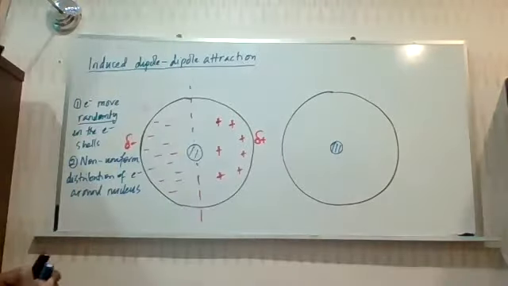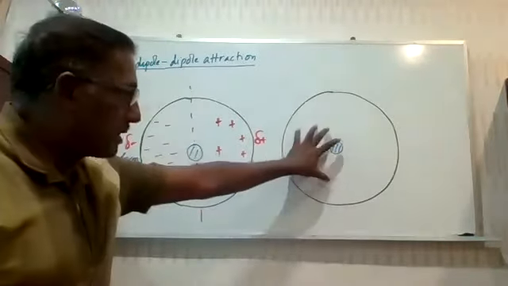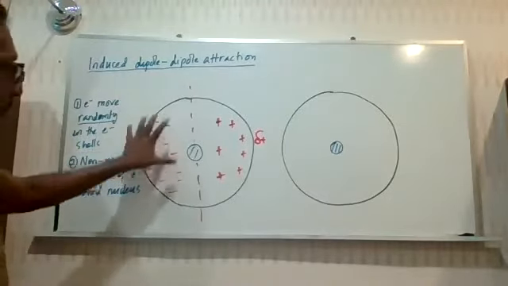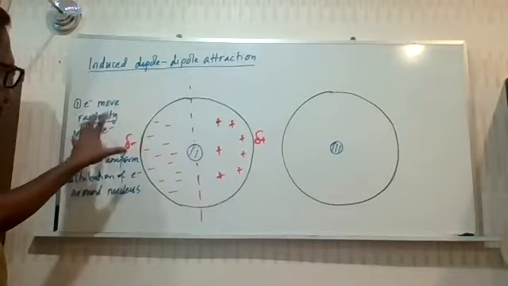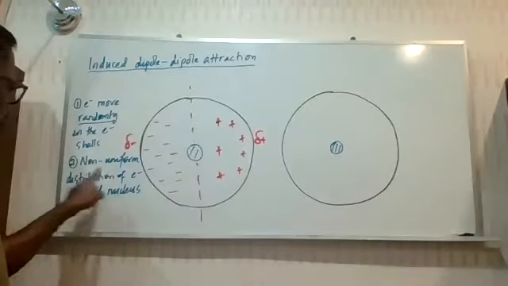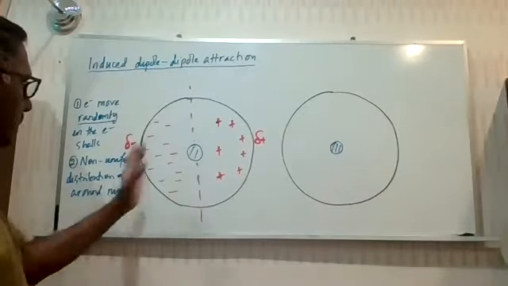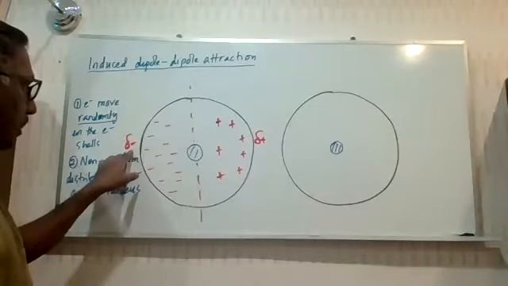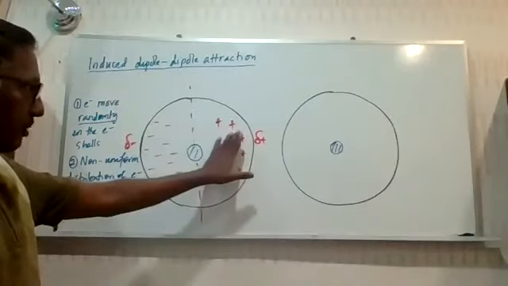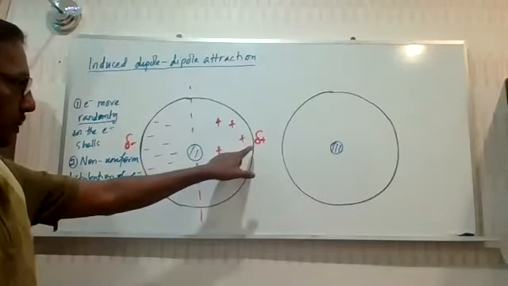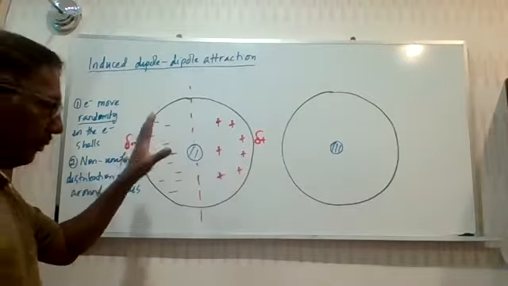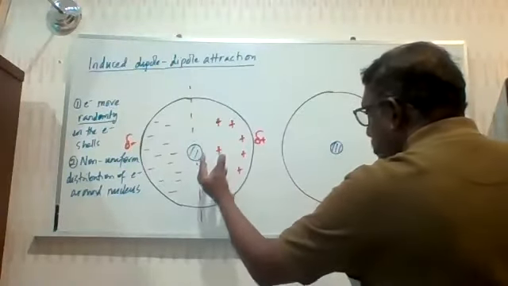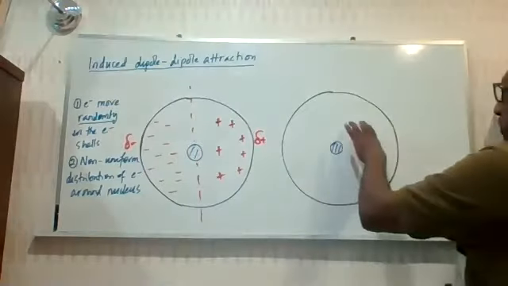All right? Now, it doesn't happen to both atoms. It only happens to this atom. So let's say it happens to this atom. While the electrons are moving randomly, suddenly at one point of time, non-uniform distribution of electrons occurs in this atom. There are more electrons on this side, which makes it a partial negative charge. Lacking of electrons on this side means partial positive charge. Now, this atom has an effect of causing an induction in the other atom.